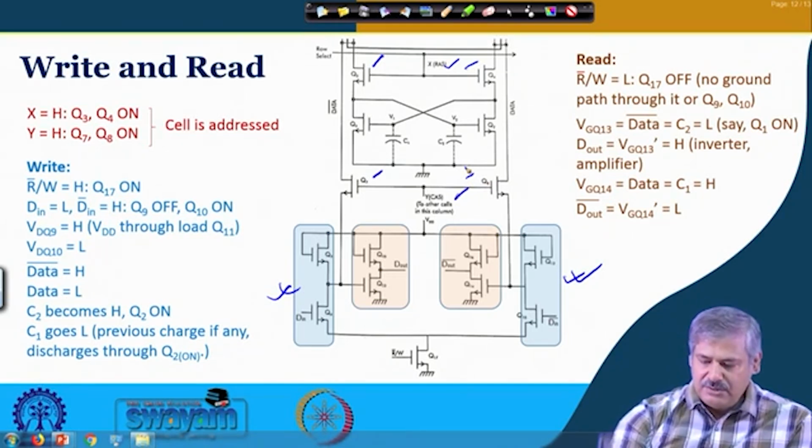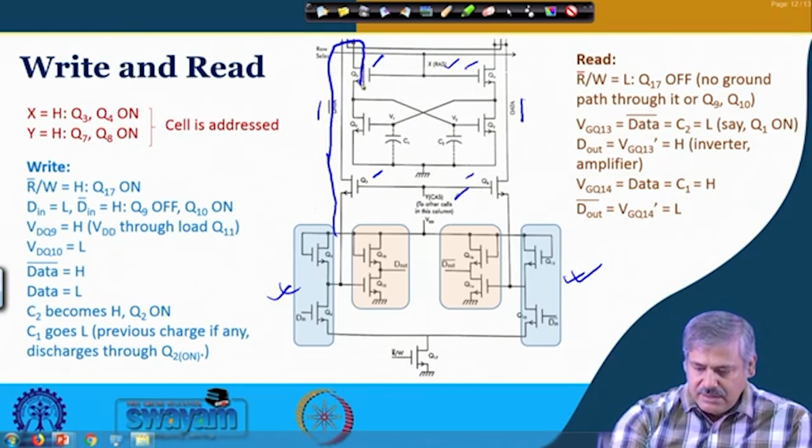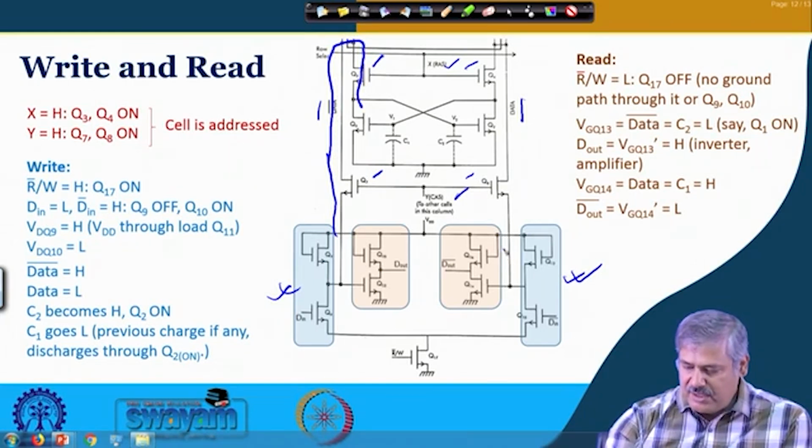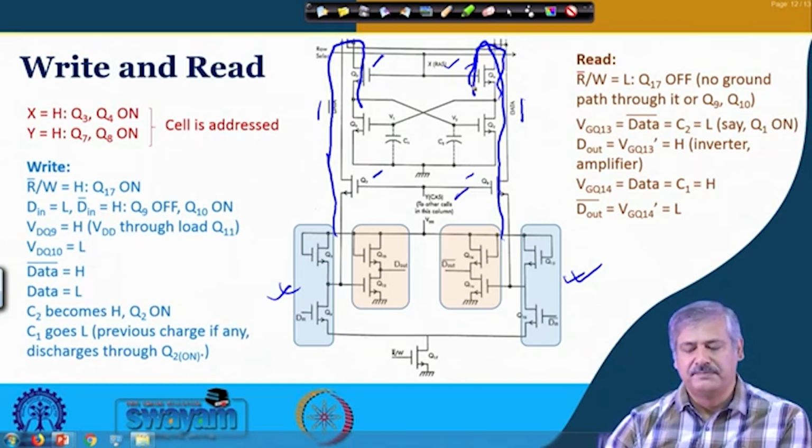So, now this is the data and this data bar line. So, this gets a path from here through it because these transistors are on, like this, to come here. Similarly, this gets a path over here, like this, to come here up to this point.